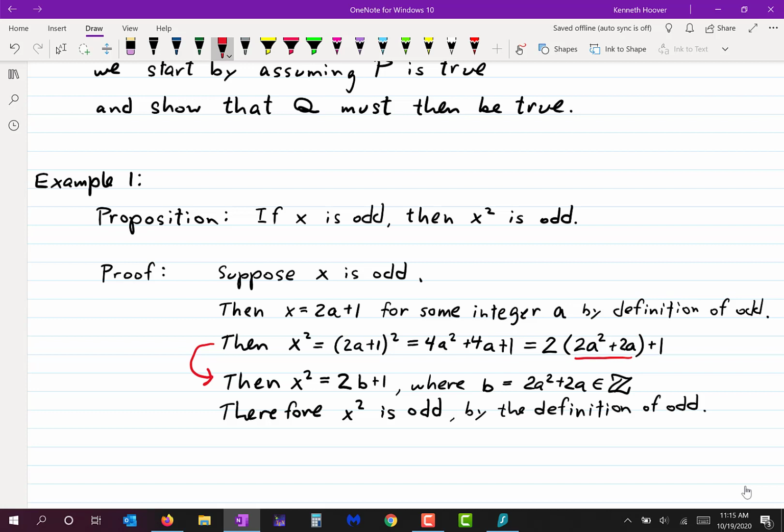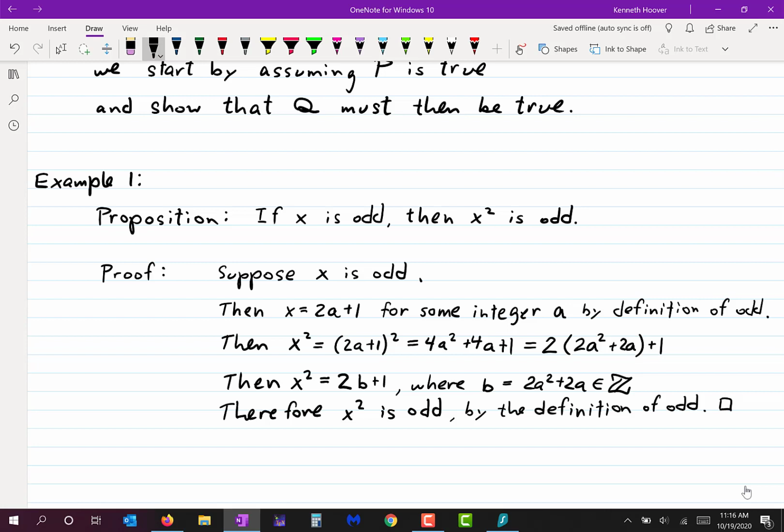I didn't use any definitions. You might say, well, didn't you use the definition of odd? No, not in this line. All I did was take the line previous and rename this with b. I didn't use the definition of odd again until this line. I would like you to think about that and make sure you understand that. Okay, and that's the end of my proof.